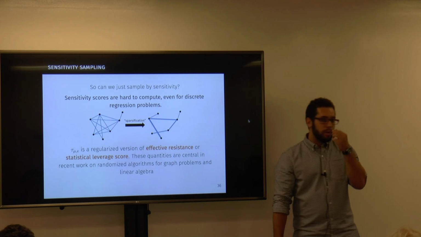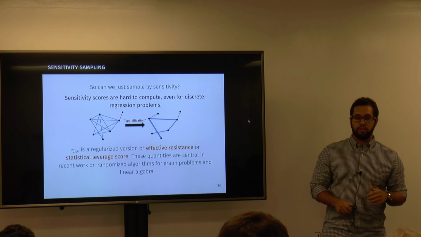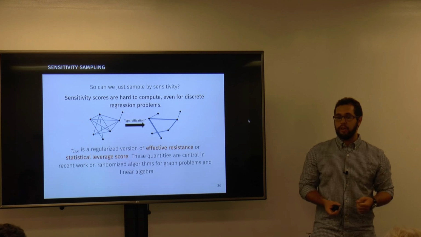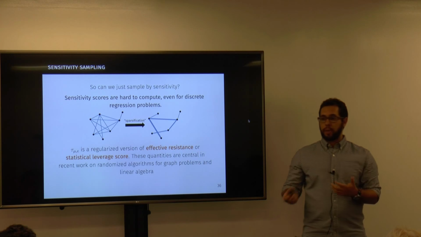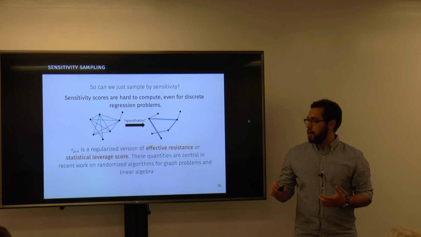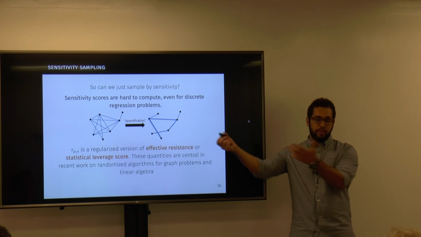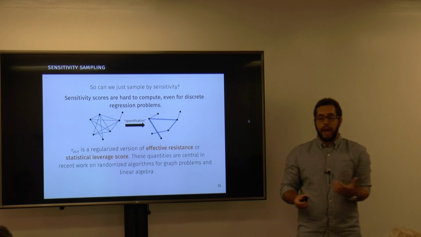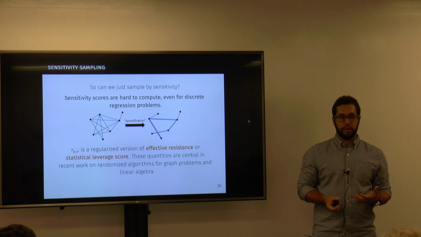There's been a lot of work in discrete algorithms land on trying to understand how to very quickly compute sensitivity functions for discrete problems. If you've heard of effective resistances for solving graph Laplacians very quickly, or leverage scores for fast numerical linear algebra, these are the same as the sensitivity functions I defined. We care a lot about algorithms for computing those very quickly.